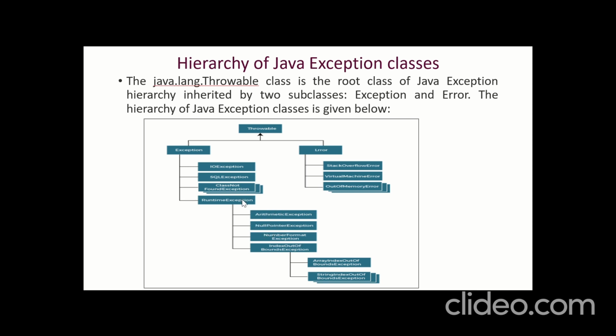That's why they come in the unchecked category. We also have the Error subclass, with StackOverflowError, VirtualMachineError, and OutOfMemoryError. Inside IndexOutOfBoundsException, we have two types: ArrayIndexOutOfBoundsException and StringIndexOutOfBoundsException. So I hope the hierarchy of exception classes is clear.